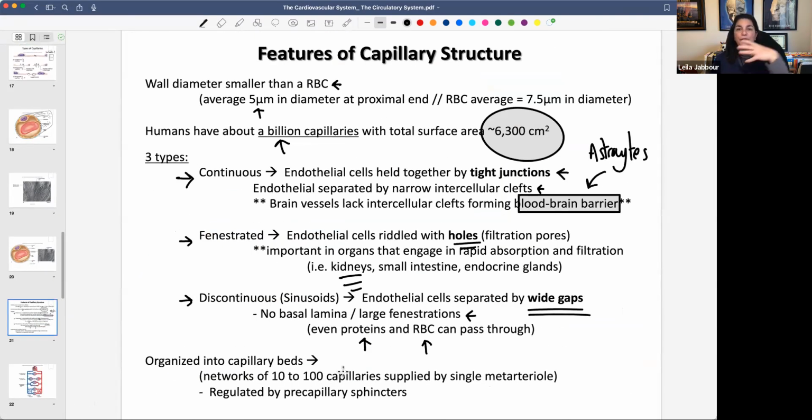All the capillaries are in networks, and these networks are fed by the meta-arterioles. And all this is regulated by these precapillary sphincters that are squeezing and constricting the blood flow to the capillary bed.